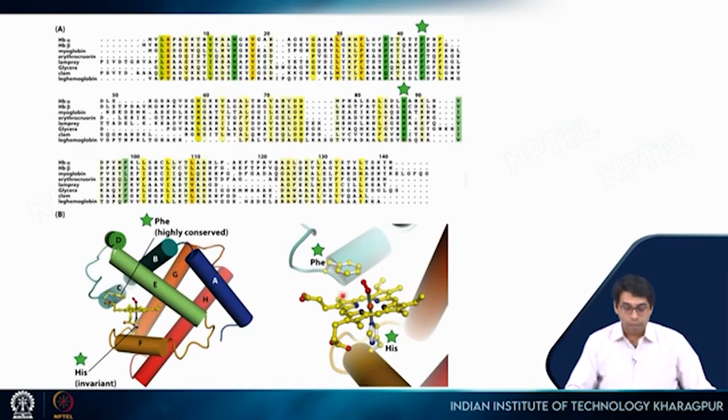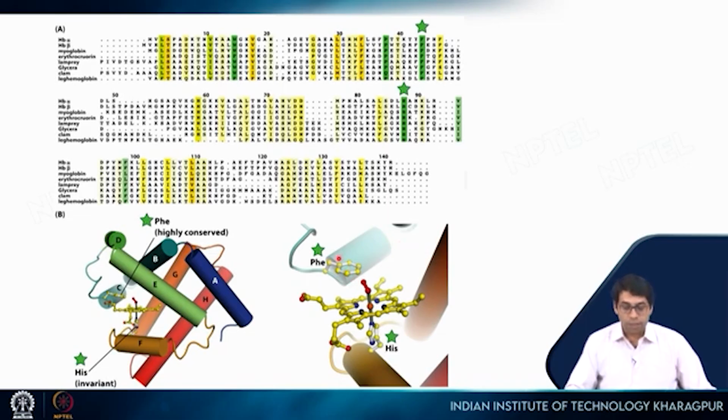On the other hand, this phenylalanine, which is also conserved, shows up here, and it is conserved because this phenylalanine allows the oxygen binding in the correct orientation. If I change this phenylalanine with a tyrosine, which means I will put an oxygen group here, then there will be no place for this oxygen binding. If I change it with tryptophan, the structure will change, right?